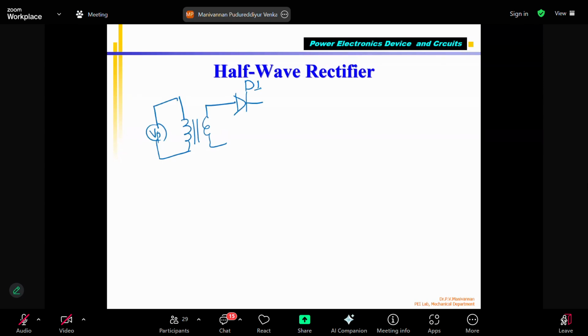This I call the D1 diode. Only one diode will be there. This is connected to the load resistor RL. Now, this is my VS. TR equal to 0.25, and I am giving a 220 volts and 50 hertz power supply. Here VS will be 25 volts and the frequency will be the same, 50 hertz.